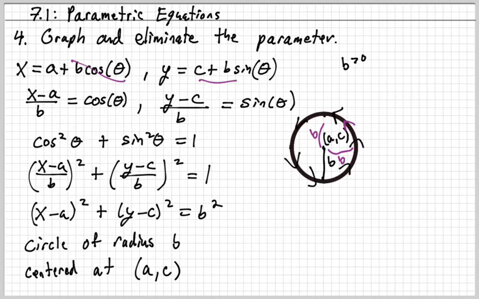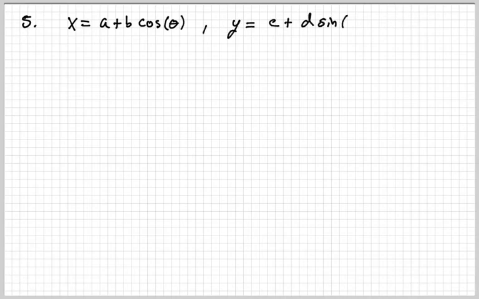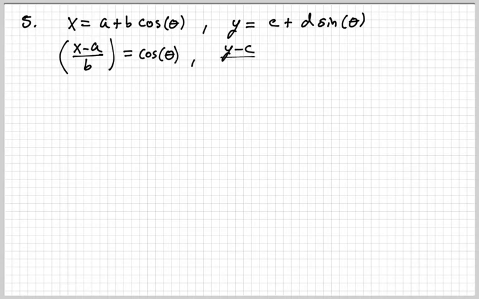So we have a circle more generically. We had the circle in the previous video. Let's look at another one. So we're going to look at x equals a plus b cosine theta, y equals c plus d sine of theta. If we solve for both the cosine and the sine, (x minus a) over b is going to be equal to the cosine of theta. (y minus c) over d is going to be equal to the sine of theta.